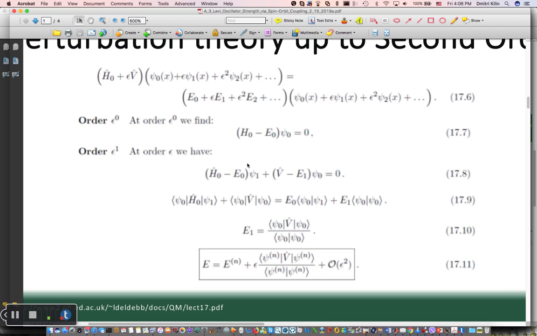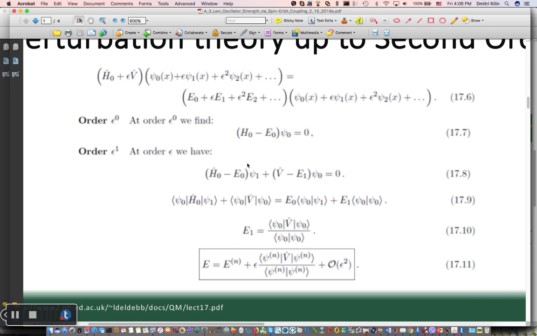And then you can go higher and higher in terms of epsilon. So here there's epsilon squared. You can do more, but for an overview, this is enough. Each term will be smaller and smaller than the previous ones. That's why you're assuming that this contribution is very small, and this is called perturbation theory.